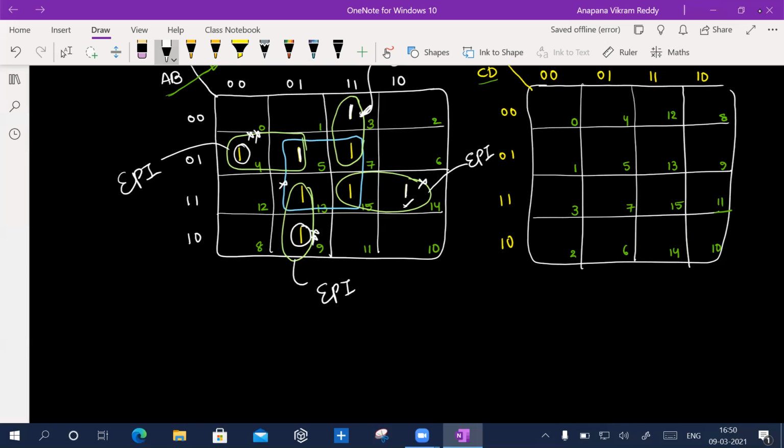This one is covered with this PI, this one of the quad is covered with this PI, and this one is also covered with this PI. So all ones of this PI are covered with other PIs. Therefore the quad, the blue square, cannot be our EPI. So I'll mark it: this is non-EPI.